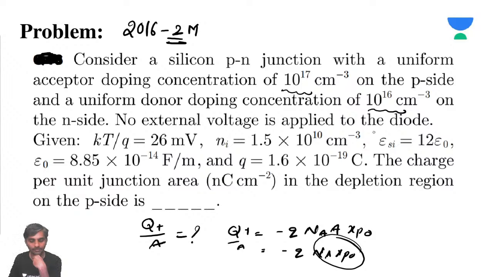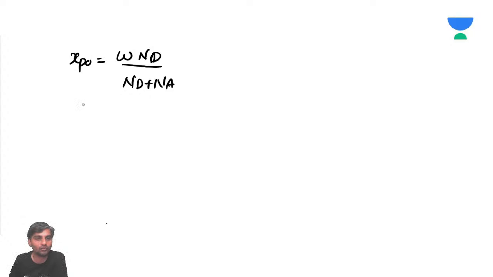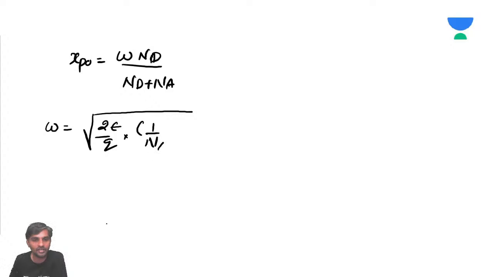Okay. We need to calculate the value of W. What do you know about W? W is going to be the square root of 2 epsilon by Q into 1 by NA plus 1 by ND.